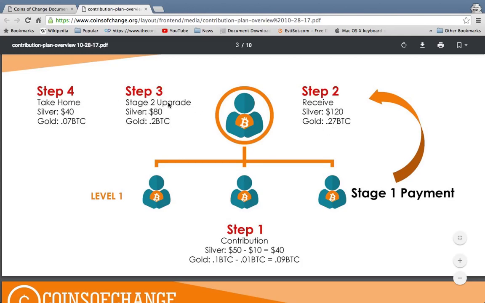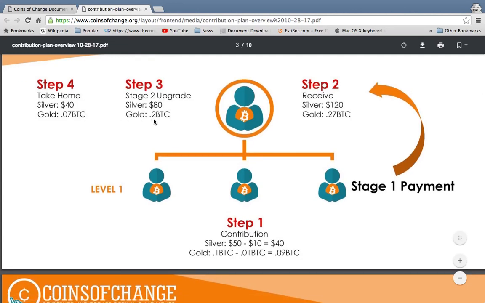Step 3, you're going to upgrade to stage 2. When you upgrade to stage 2, you're going to make an $80 contribution, or in gold, it would be 0.2.